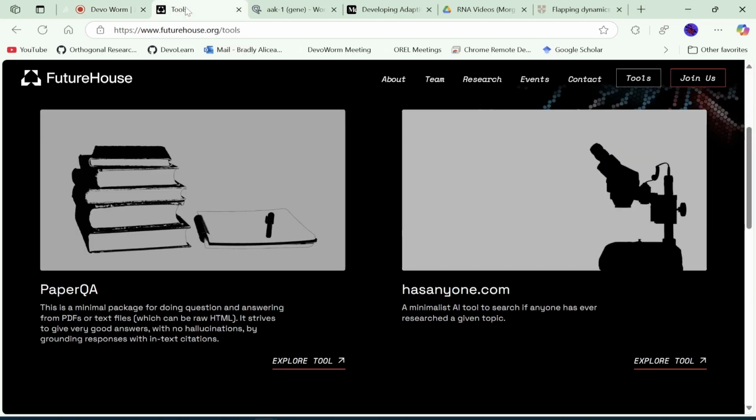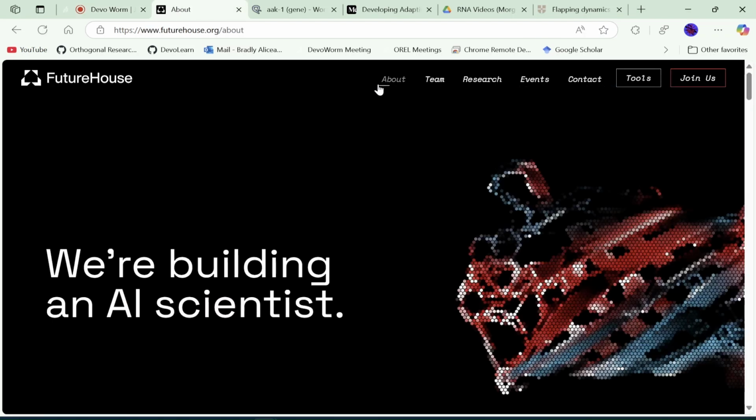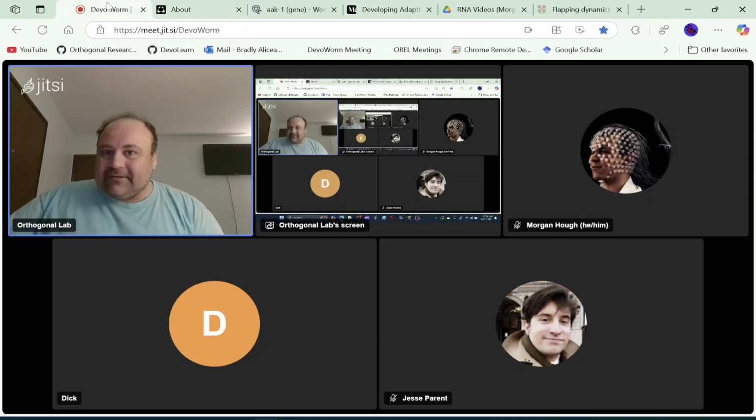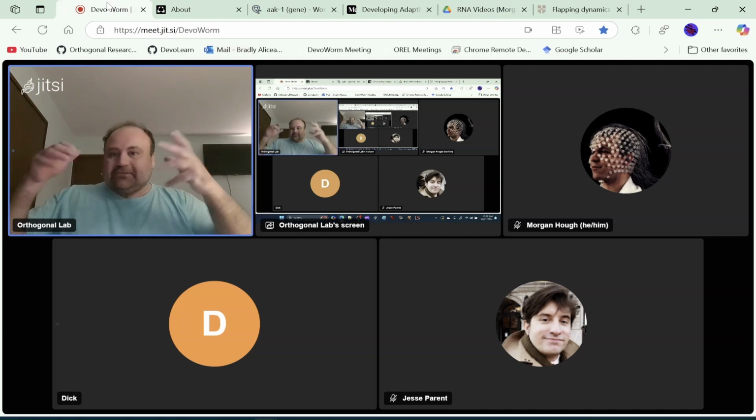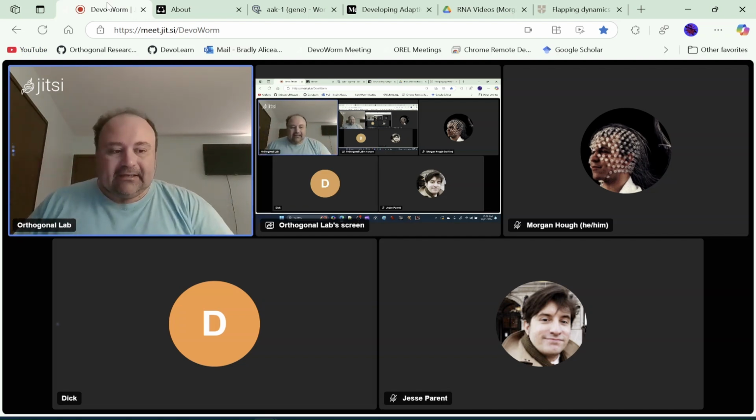Yeah, I'm glad we brought that up because I think it's really interesting stuff, how these different tools are evolving. In C. elegans, of course, we have this very rich community of data and resources and sharing of things, and so this is actually maybe a next step in that.